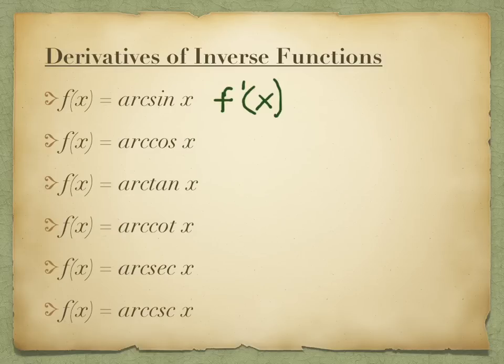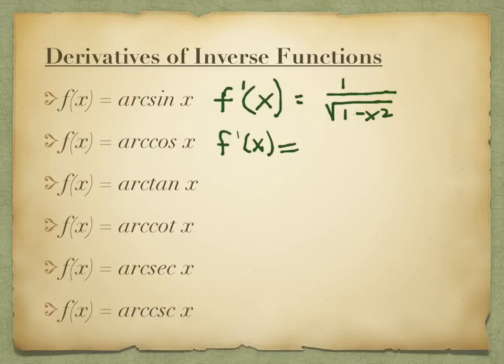All right, so this one right here, its derivative is 1 over the square root of 1 minus x squared. For arc cosine, its derivative looks very similar, in fact almost identical.